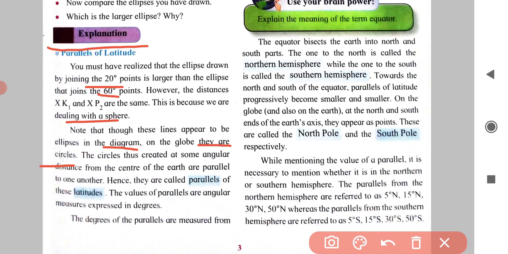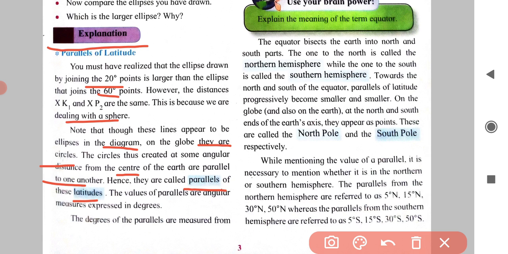See, there is some distance from the centre. These are parallel to one another. Hence, they are called the parallels of latitude. Those parallels on the globe are called the parallels of latitude.